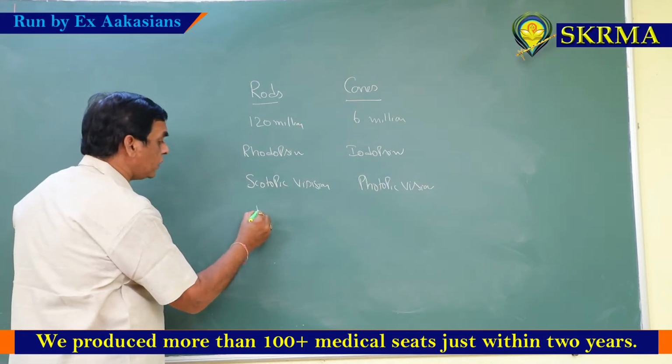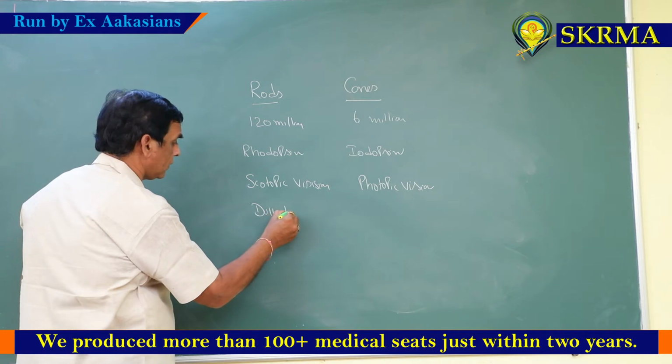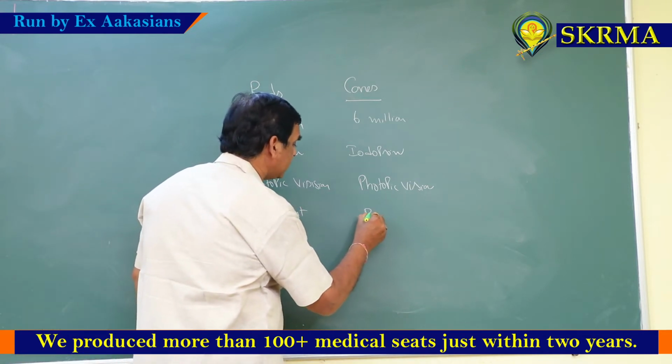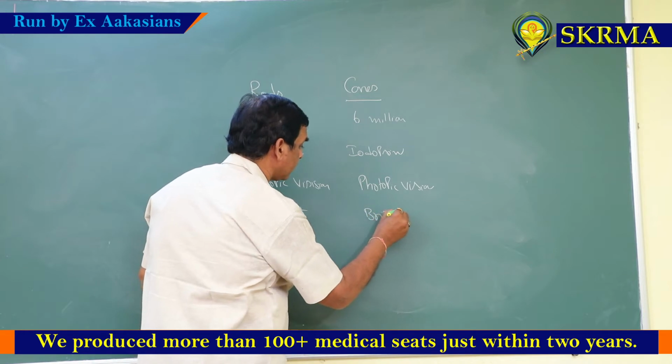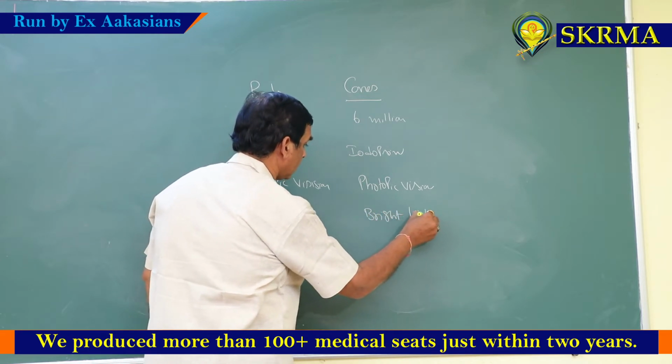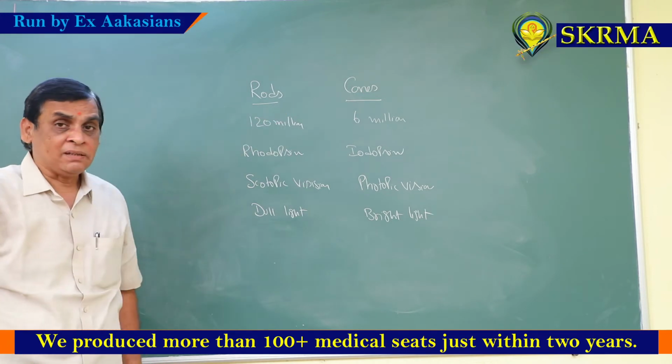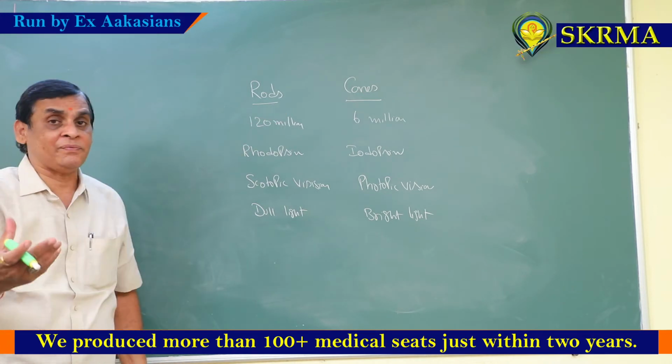The rods are used for dull light, whereas the cones are for bright light. So this is the major thing which is responsible for our vision.